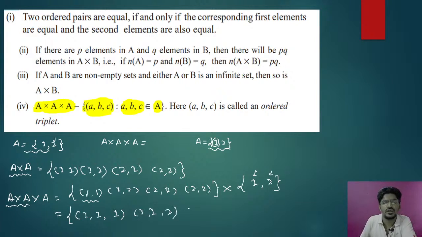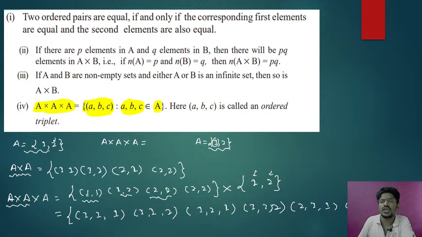Go for the second one, (1, 2): (1, 2, 1) and (1, 2, 2). Next, the third one, (2, 1): (2, 1, 1) and (2, 1, 2). And the last 2 will be (2, 2, 1) and (2, 2, 2). So these are going to be your triplets.